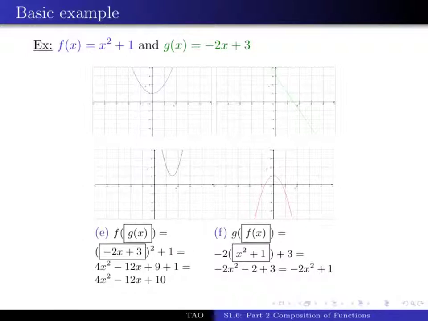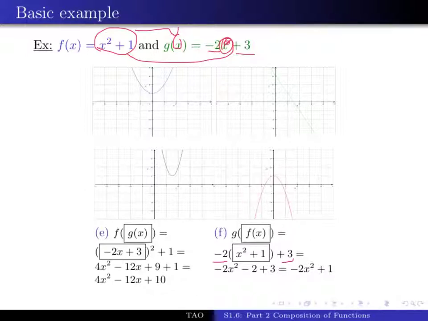Now, g of f of x. In this one we take all of our f and stick that where our x was before. So we're going to have a minus 2 times this entire thing now. So g of f of x is equal to minus 2 times our quantity x squared plus 1, and then we have our plus 3 that we had left over.